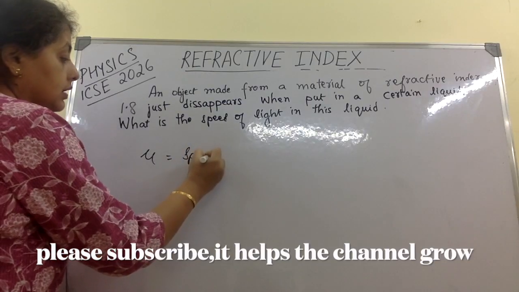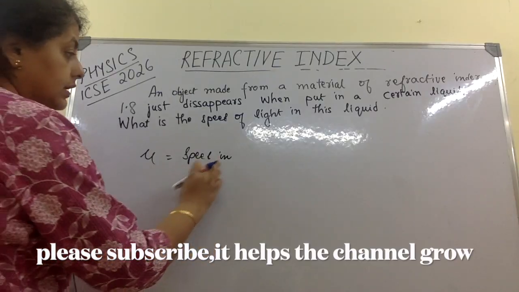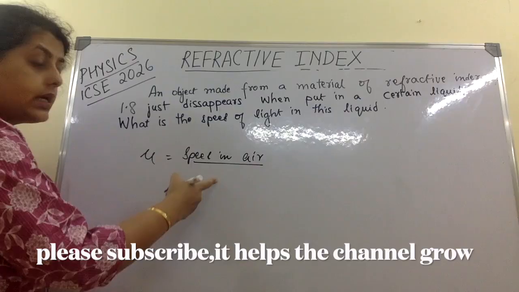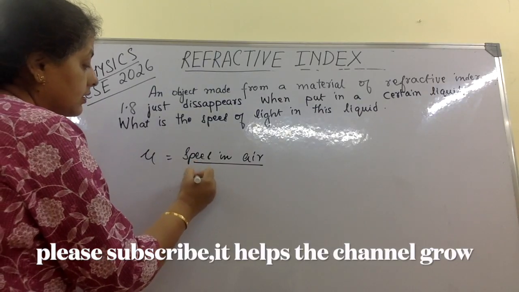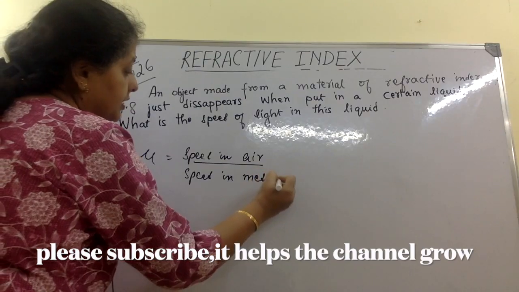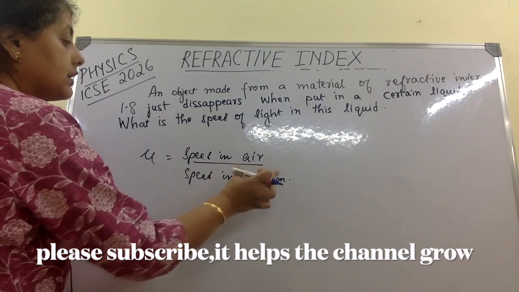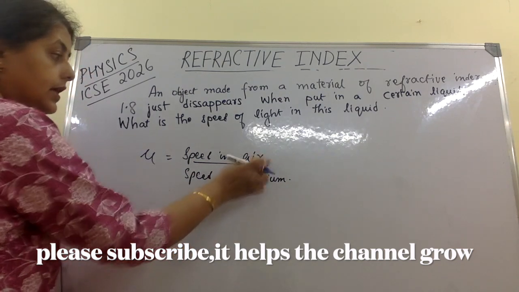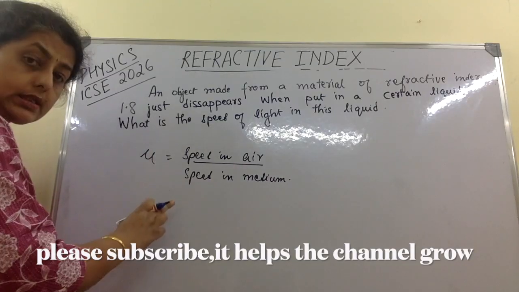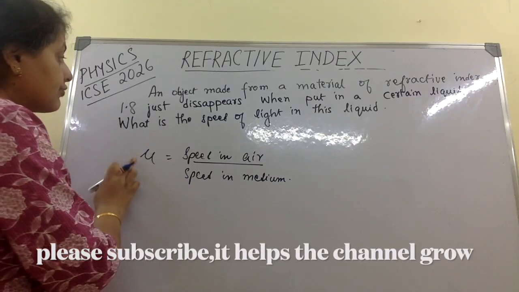Speed of light in air, or we can also say speed in vacuum, by speed in medium. Whatever the medium, if we are talking about glass, we say speed in air by speed in glass, and that is the refractive index of glass with respect to air.